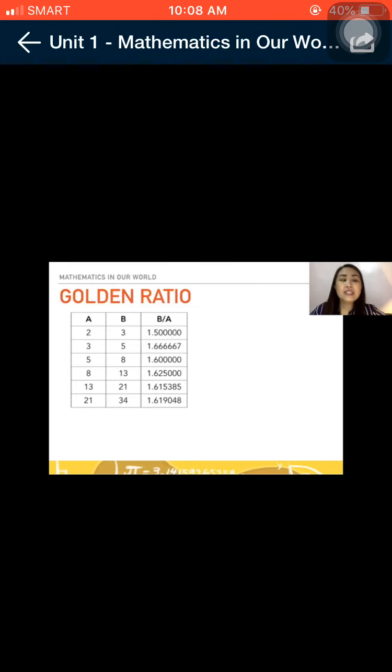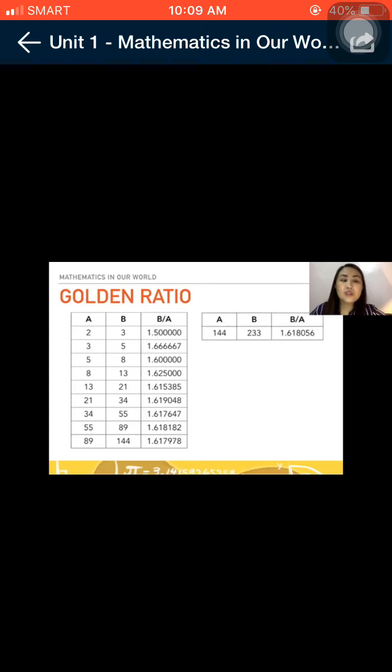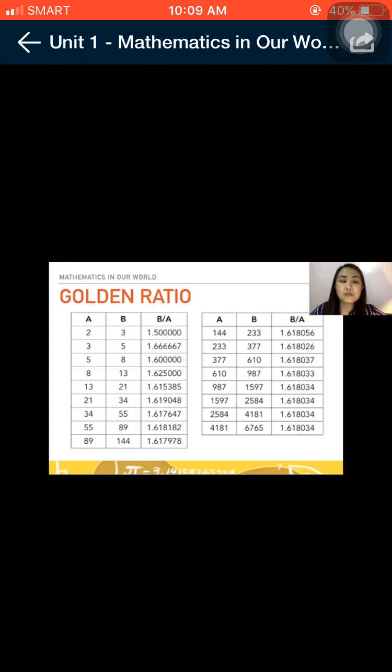1.615385. And if we continue dividing the 2 consecutive Fibonacci numbers with each other, then what do you notice? What do you think happens to the numbers? They get closer and closer to 1.618304.